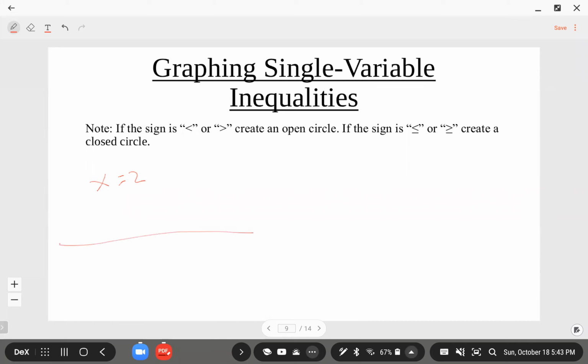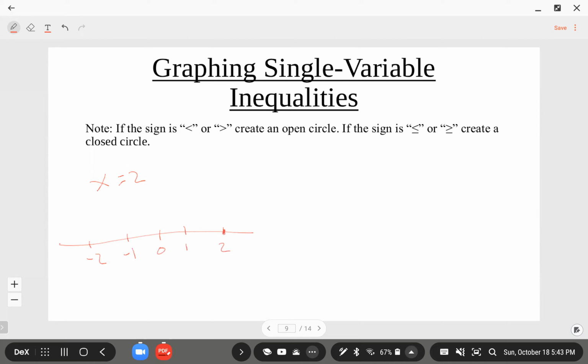It's just the x-axis, right? Because you only have the one variable x, it's only going to be one line. This is 0, 1, 2, negative 1, negative 2. What is x? X is 2. X is right here. Done.